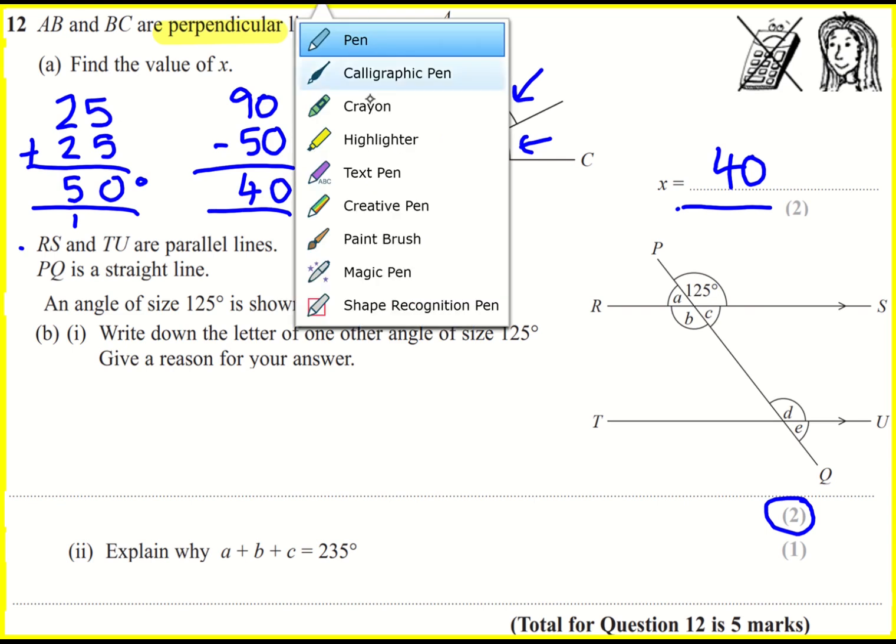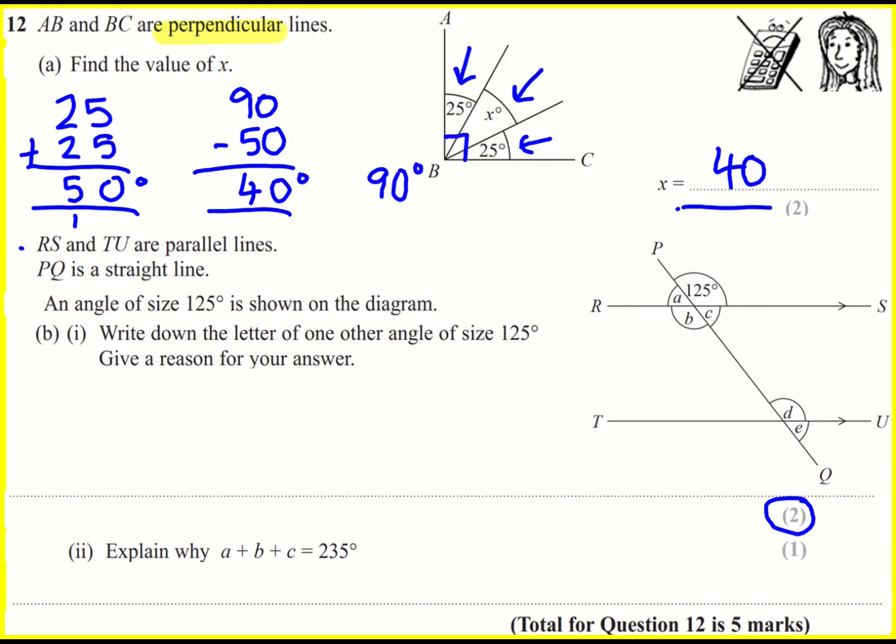So when you are faced with parallel lines, that is these, and a line that cuts across them, like so, you need to be on the lookout for angles that create an F shape, a Z shape, or indeed an X shape.